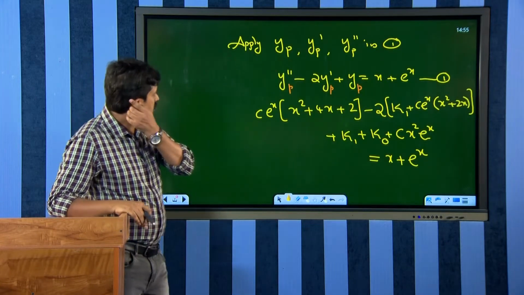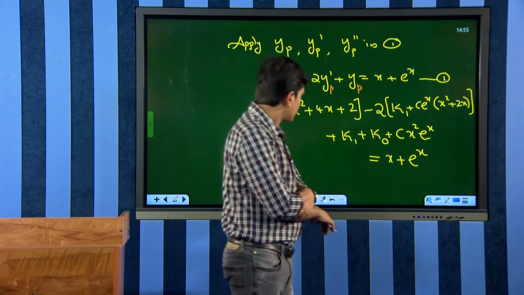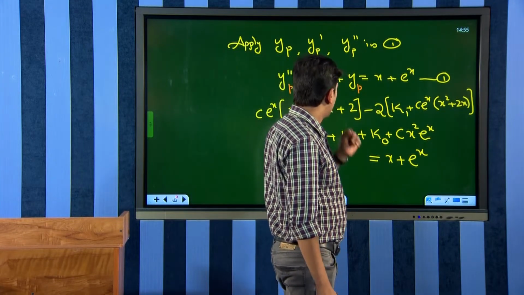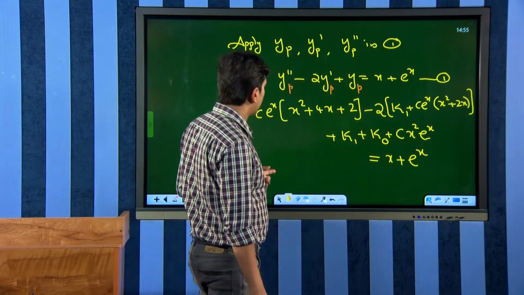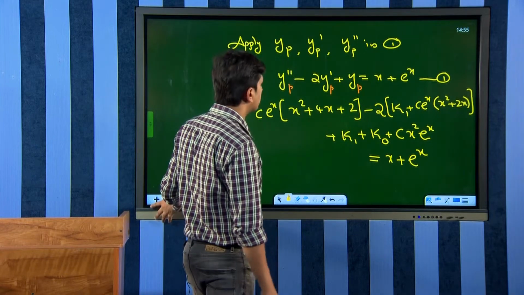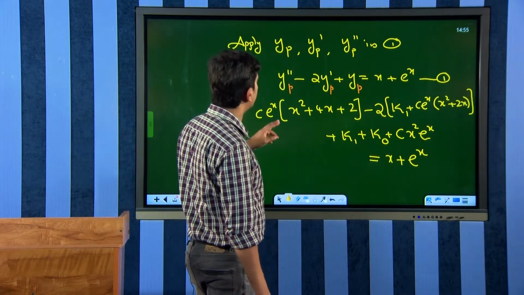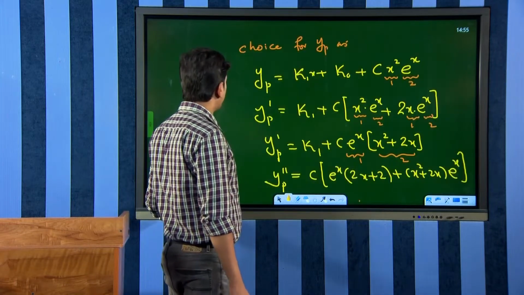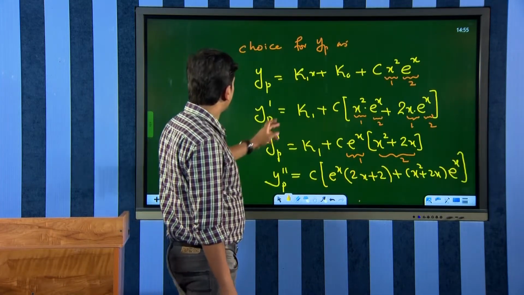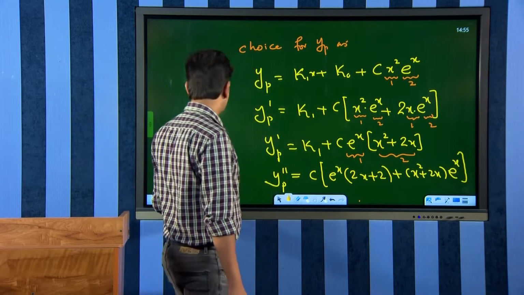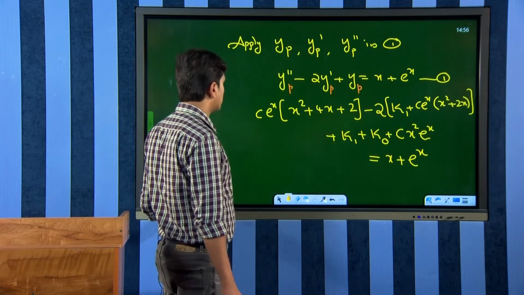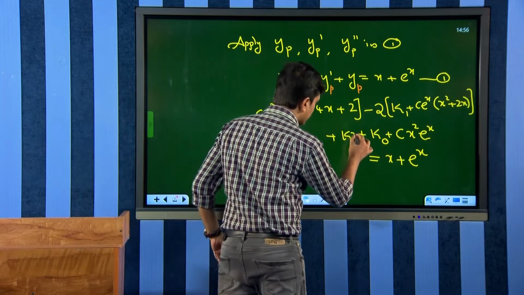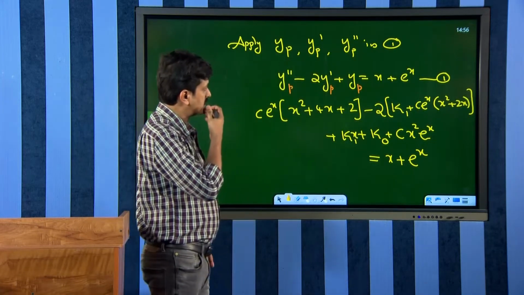See here finally we have k1 x is here. I am sorry, I made one mistake here, this is equal to k1 x plus k naught is there. So c e raised to x square. So here k1 x plus k naught is there.